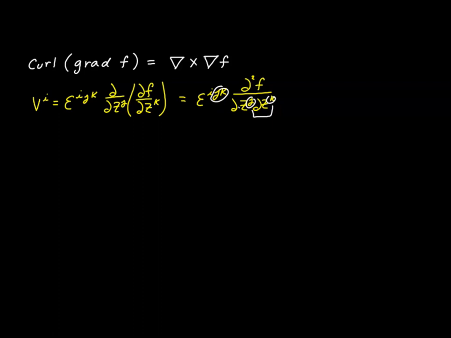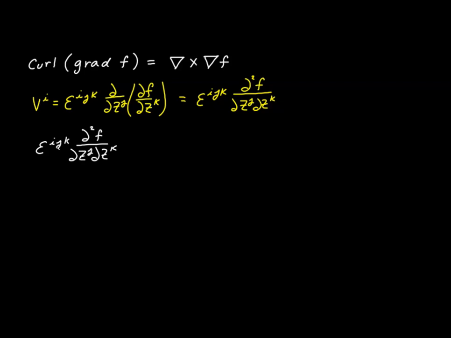Well, let's just walk through it one more time, so I'm sure you get the idea of how this works, just for completeness. We have epsilon^ijk times the second partial of f with respect to z^k and z^j.